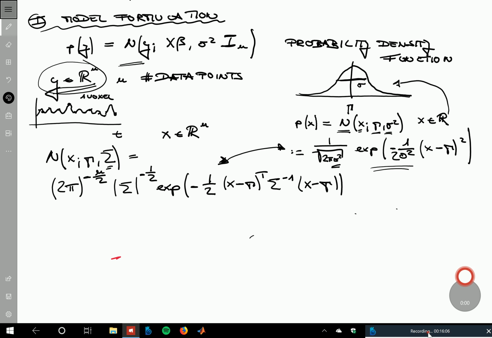The most important thing here is that we assume this specific form of covariance matrix, and this covariance matrix is just a parameter of this.